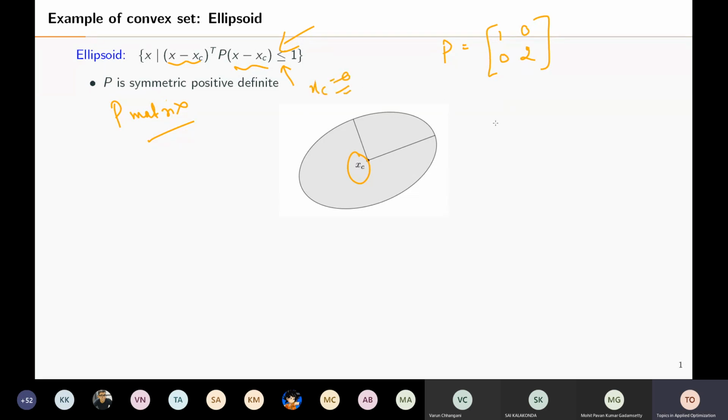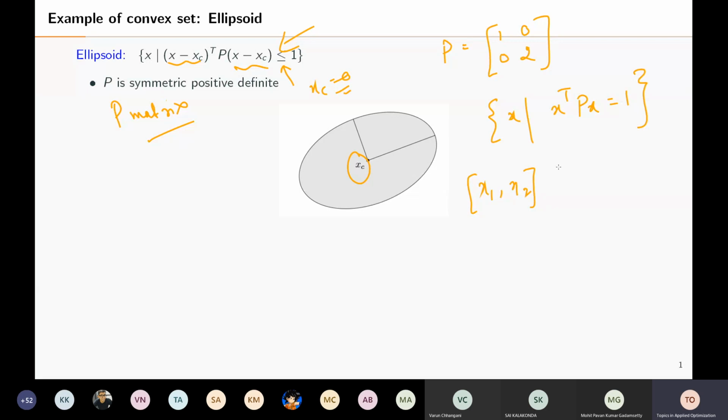So what is this set? The set of all x such that x transpose P x is 1, let us say. I'm talking about an ellipse and not an ellipsoid. Do you see that this is an equation of an ellipse? We can write x as x1, x2.